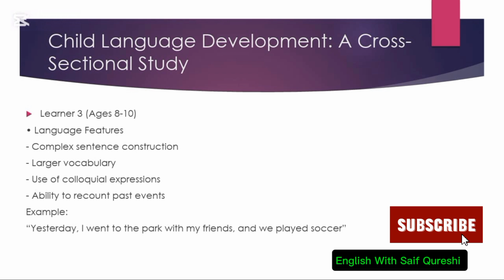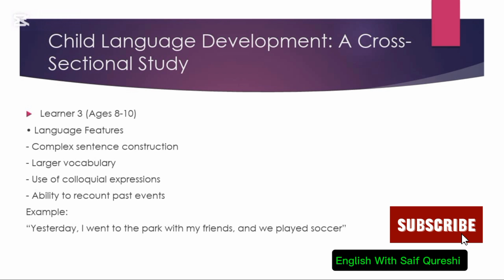The last is the ability to recount past events. This is a past event that the kid is telling: I went to the park with my friends and we played soccer. So this is all about learner 3, whose age is 8 to 10.